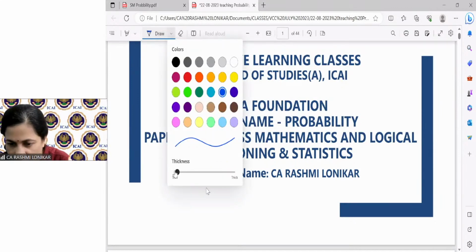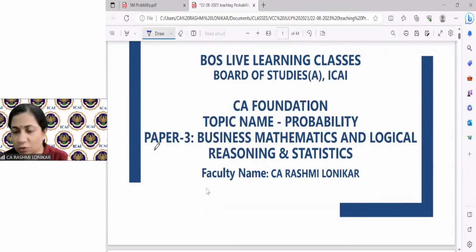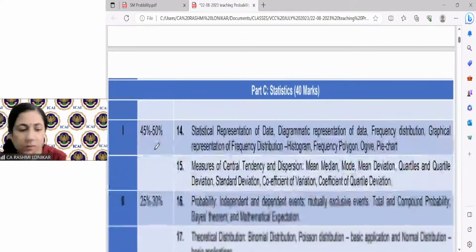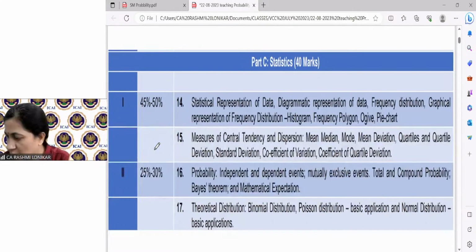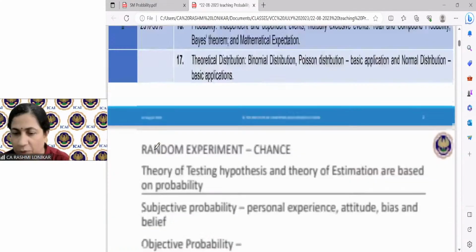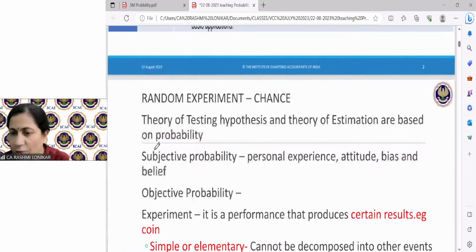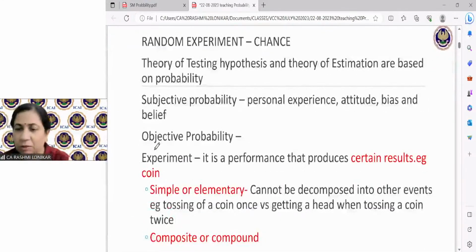So, if you find something, you can revise your sets, and then it becomes easier for you to follow. So, this was the earlier distribution of sets of the whole statistics portion, and probability is an important chapter on it. Now let us talk about what do you mean by random experiment, or what do you mean by chance.